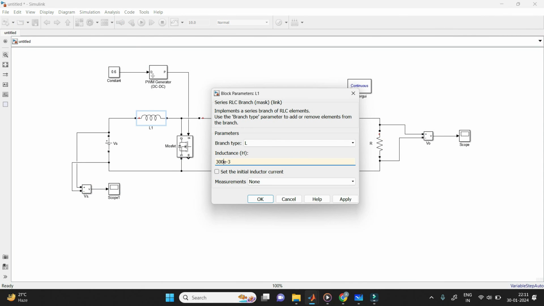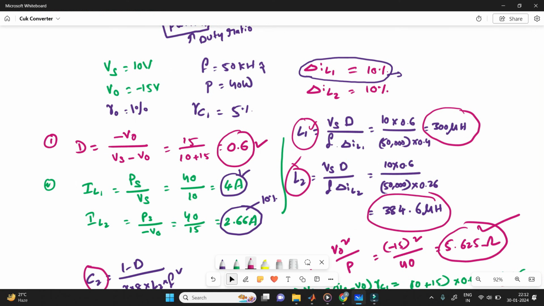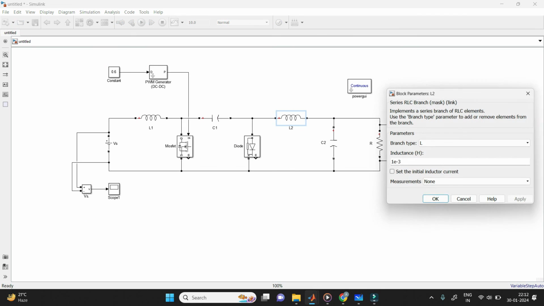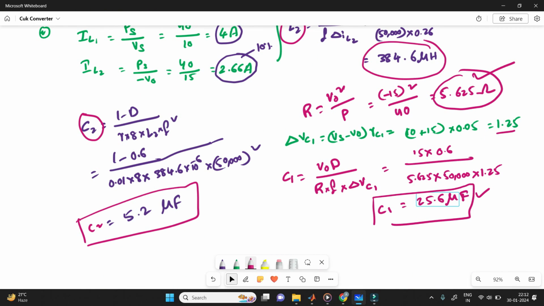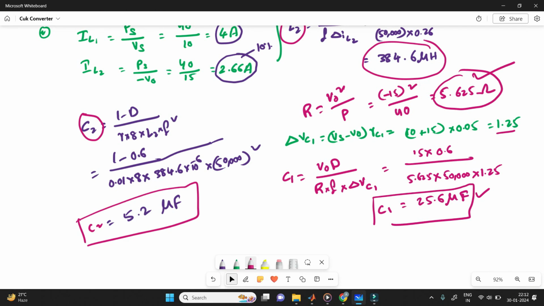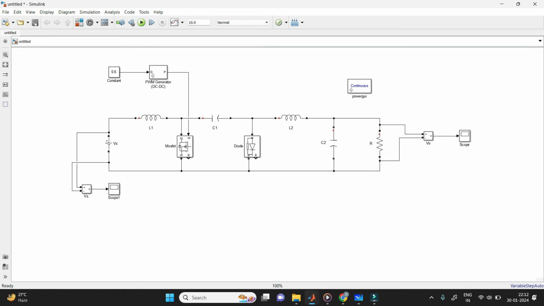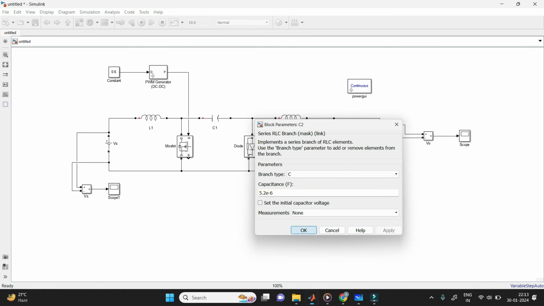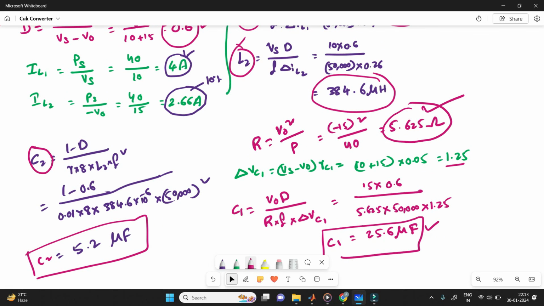So take it as 300 E minus 6, and the L2 value is 384.6 microhenry. So change the L2 value to 384.6 microhenry. Click on OK, and we got C1 as 21.6 microfarad. So click on C1 and change it, and we know that C2 is 5.2 microfarad. So change it to 5.2. Click on OK, and finally give the resistance value as 5.625.